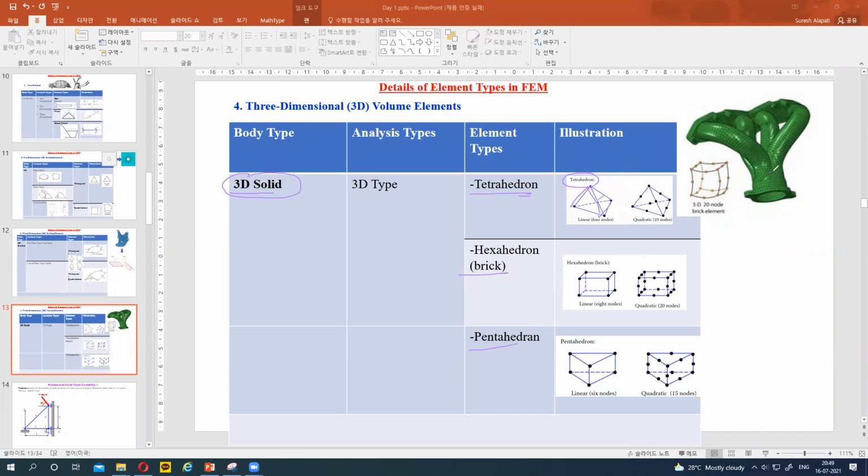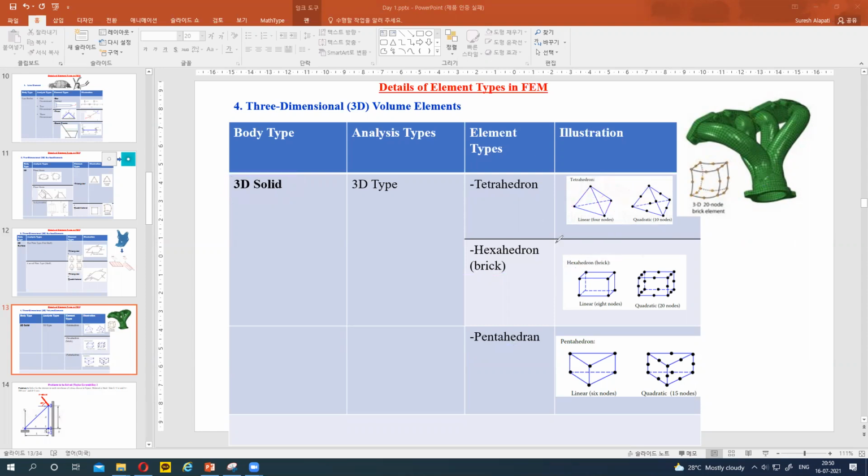If there is a complex shape, we combine them. Where the corner has a very small radius of curvature, we use tetrahedron, and we use hexahedron in other places. Combination also we can use.